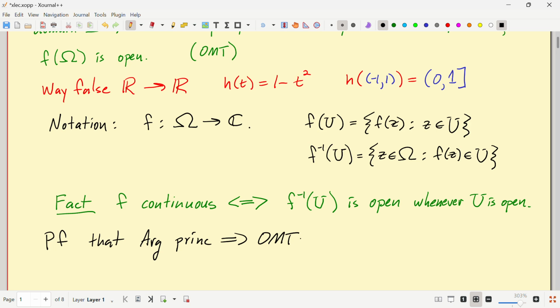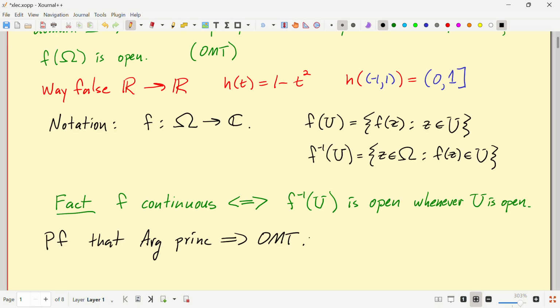There's various different paths to the open mapping theorem. Stein, you'll notice, proves the argument principle implies Rouché's theorem, and then he shows the Rouché's theorem implies the open mapping theorem. That's a nice way to do it. I'm going to do it a different way.